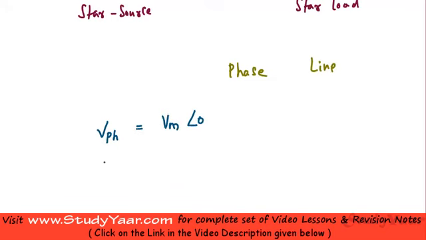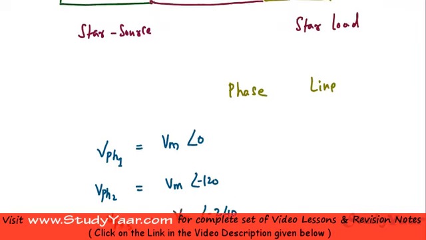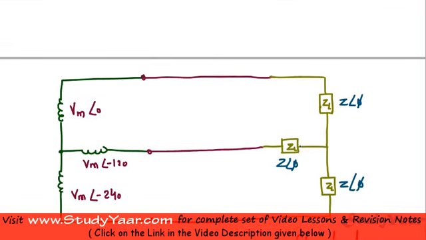So I have three phases. My phase 1 voltage is this, my phase 2 voltage is Vm angle minus 120, and my phase 3 voltage is Vm angle minus 240. What is my phase current?